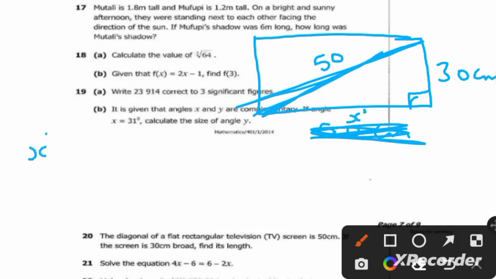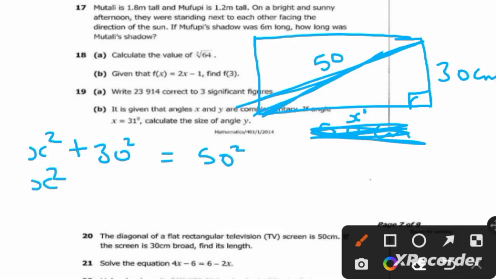So we are going to say x squared plus 30 squared is equal to 50 squared.